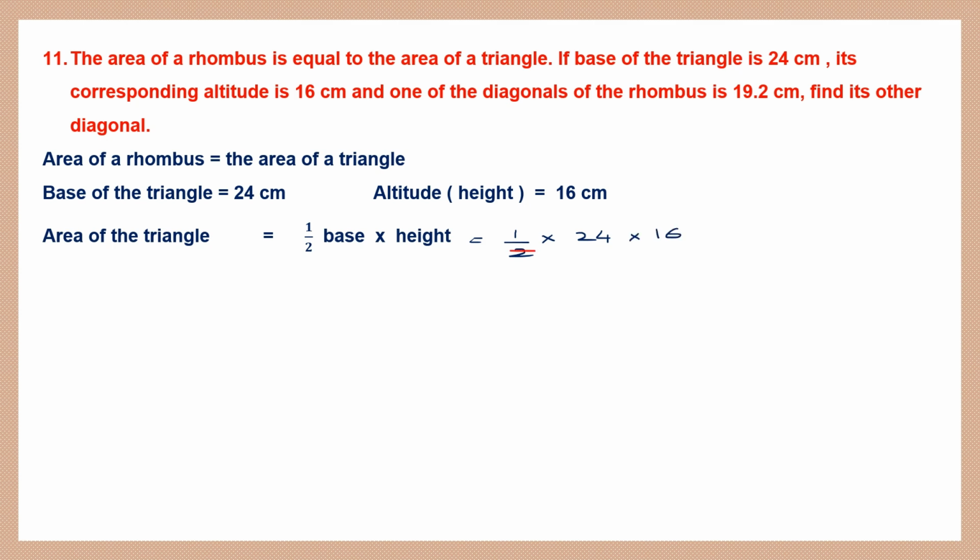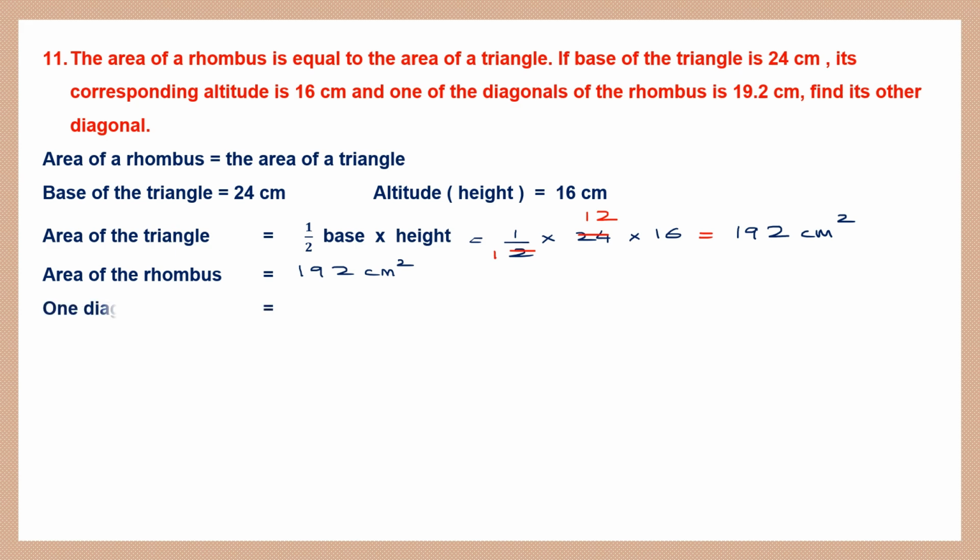I can cancel 2 and 24. 2 ones are 2, 2 12s are 24, 12 into 16. And that is 192. So the area of the triangle is 192 centimeters square. And this is the same area as the rhombus. So area of the rhombus is 192 centimeters square.